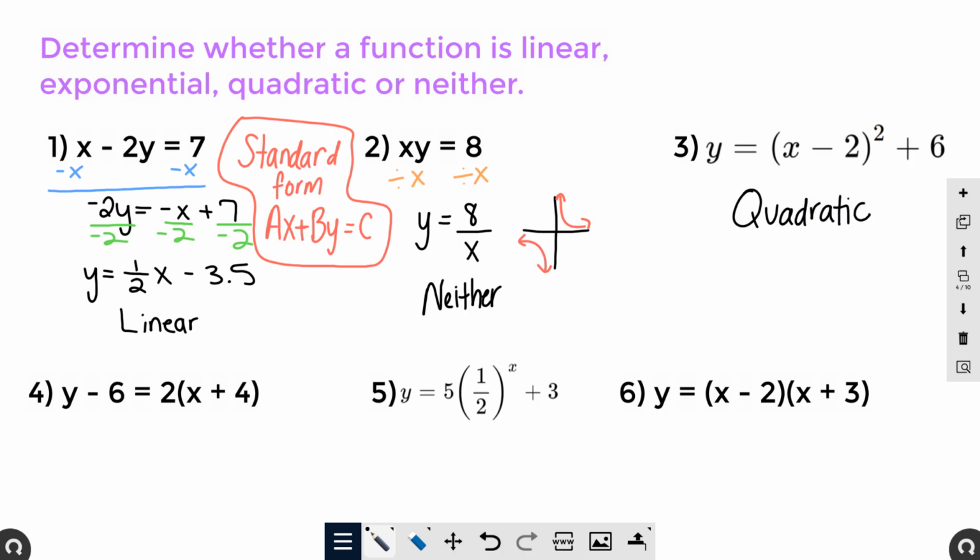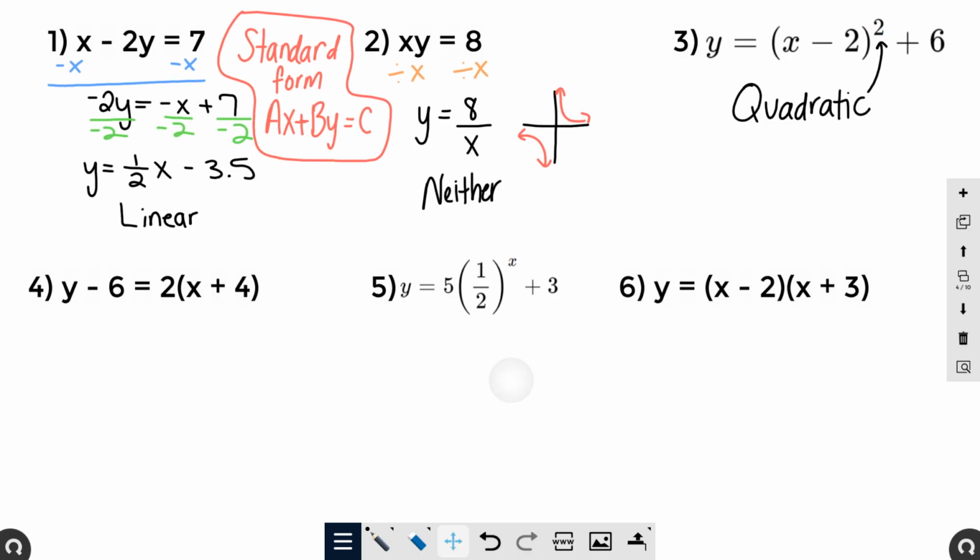Vertex form. Even if you forgot its vertex form, it's got a squared. Anything that has that squared there, where x will eventually be getting squared, is a quadratic. All right, question 4.